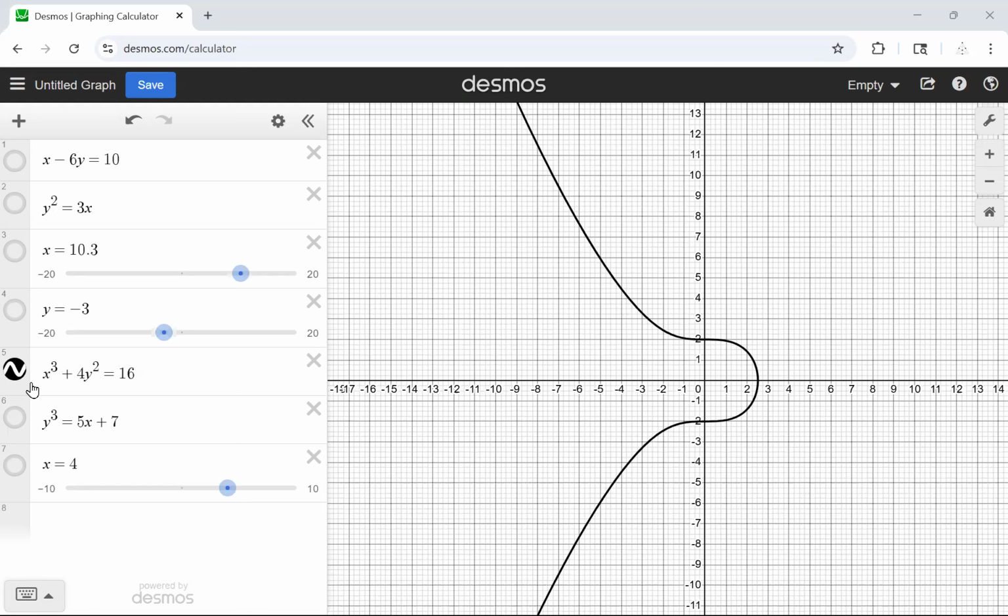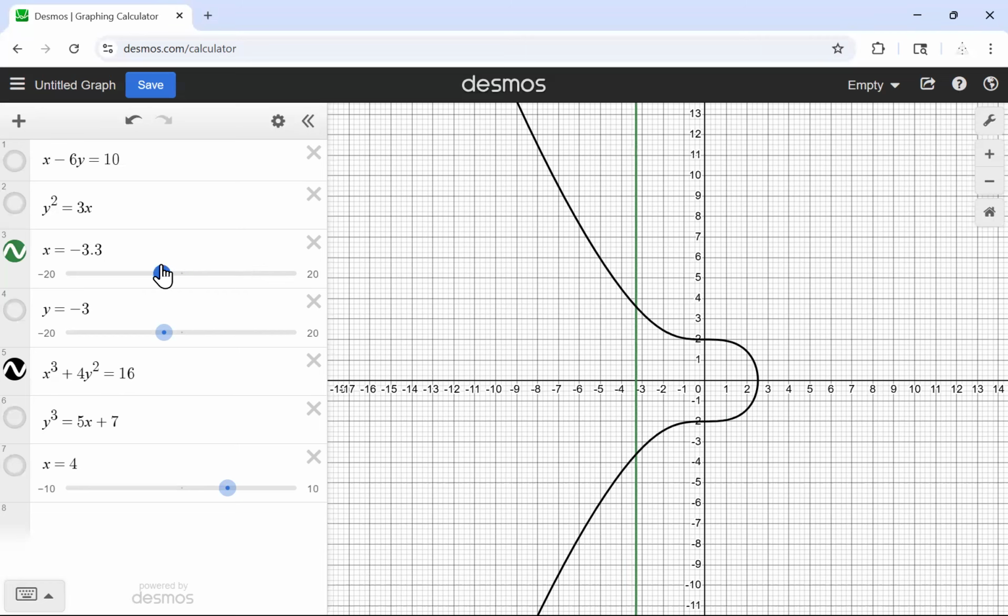Notice that this one is x to the third plus 4y squared equals 16. Obviously, there are a lot of different places where I can draw a vertical line and touch this graph at two points. It doesn't happen over here, if the vertical line is above about 10.3.